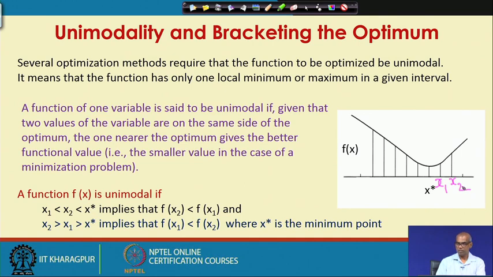Again you see, here x2 is greater than x1 is greater than x star, and f(x1) is less than f(x2). So, this is a unimodal function.